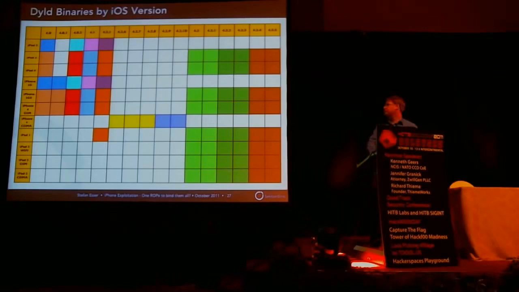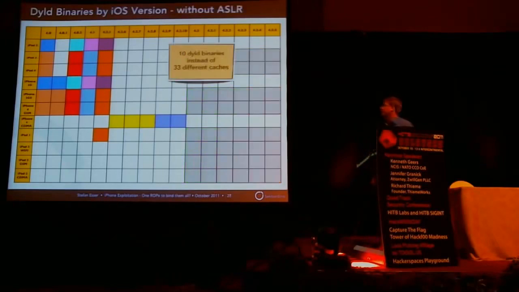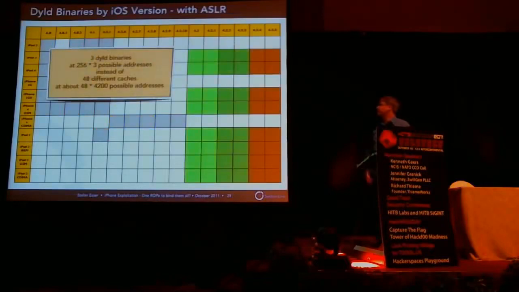Now you can split that up: on the one hand, you have 10 dynamic linkers for the firmwares without ASLR, and you have 3 different dynamic linker binaries for the ASLR case.